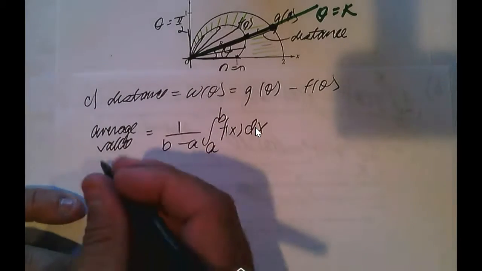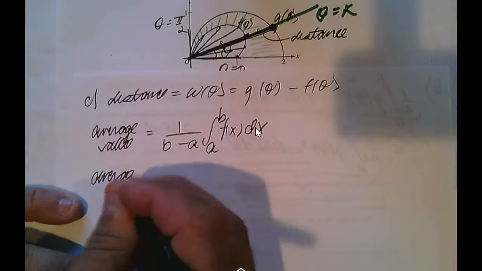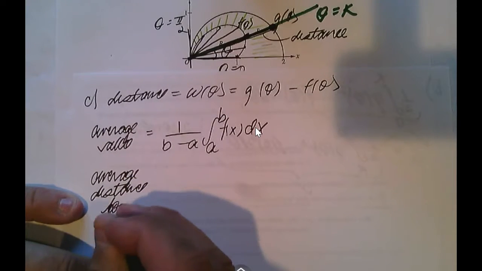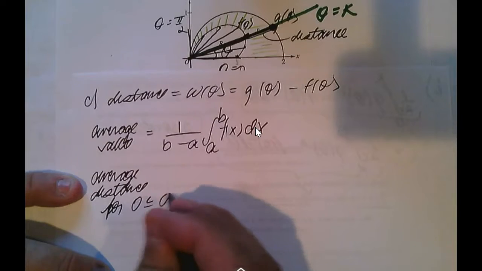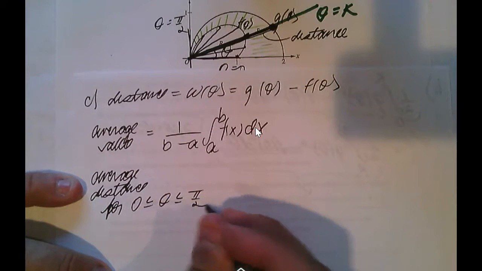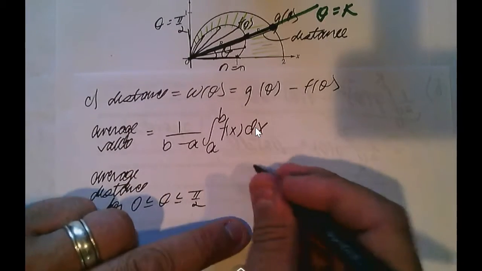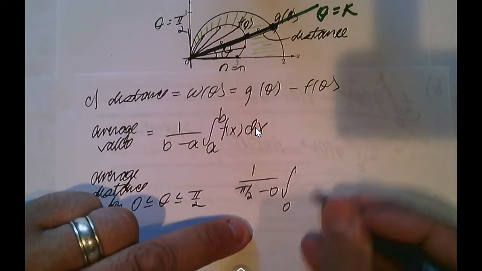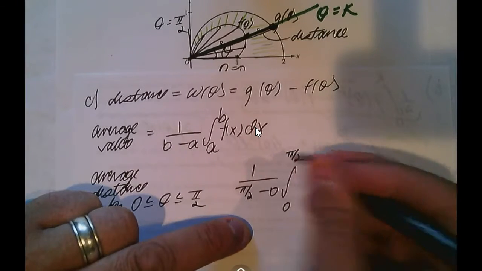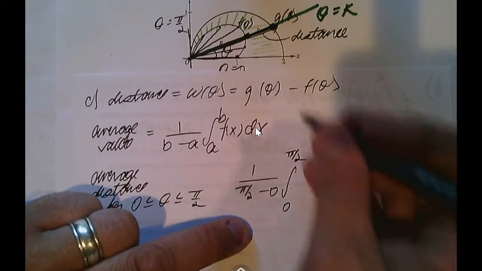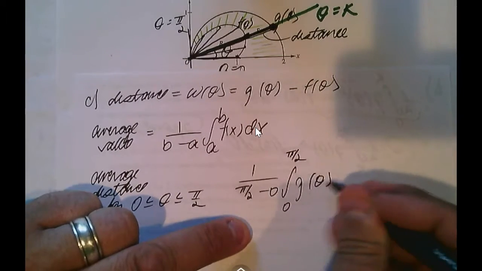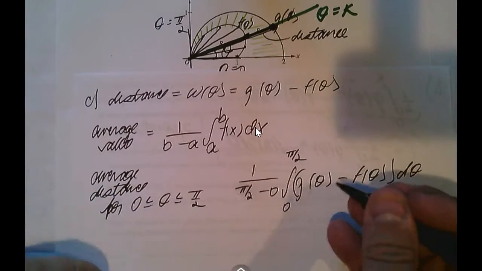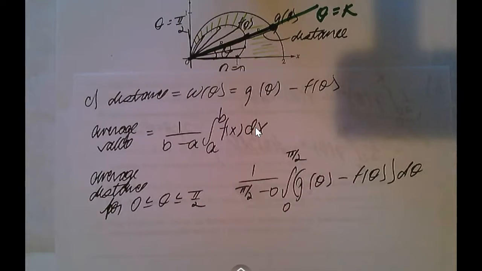So the average distance for 0 less than or equal to theta less than or equal to pi over 2 is going to be 1 over pi over 2 minus 0 times the integral from 0 to pi over 2 of w of theta, that's g of theta minus f of theta d theta. Don't be scared.